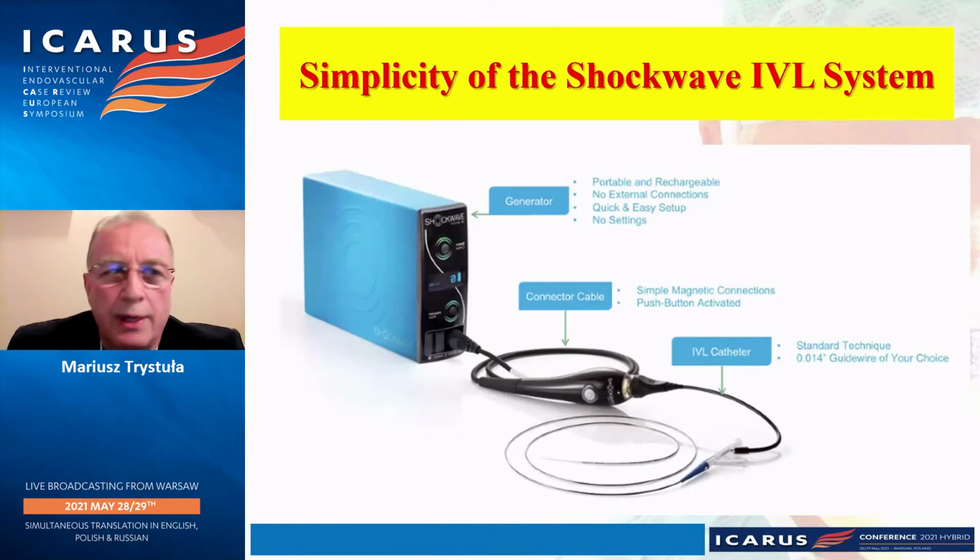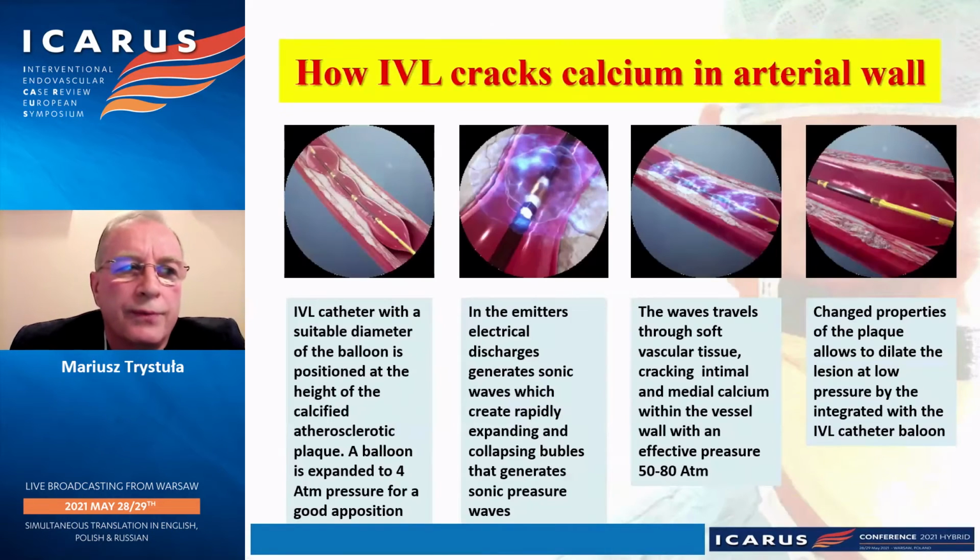The IVL system consists of a portable and rechargeable generator, a connector cable with simple magnetic connections, a push button for activation, and a disposable IVL catheter. The operation of the IVL system is very simple. The correct diameter of the catheter should be selected in advance. An IVL catheter should be inserted into the narrowed vessel based on standard endovascular techniques.